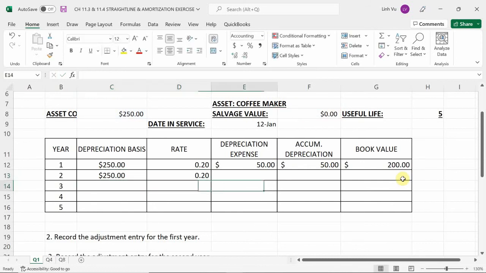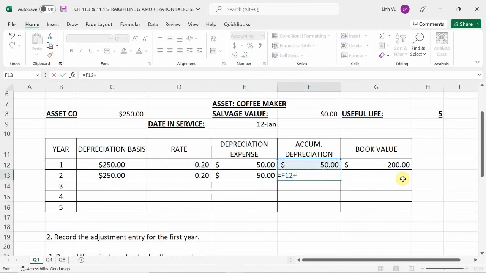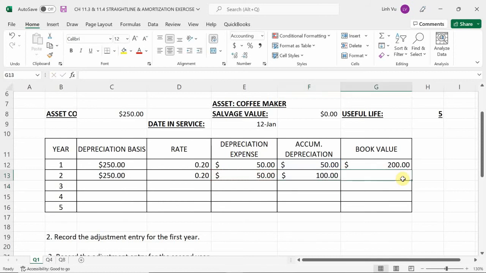Okay, 0.2. So what's my depreciation expense going to be? 50. It's going to be another $50. So then, what's my accumulated? It's going to be $100, right? Previous plus current gives you a total of $100. So what is my book value going to be? It's going to be $150.